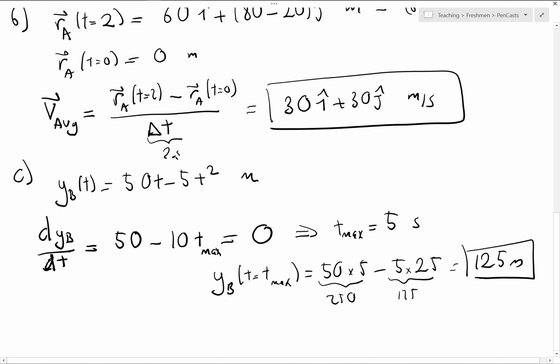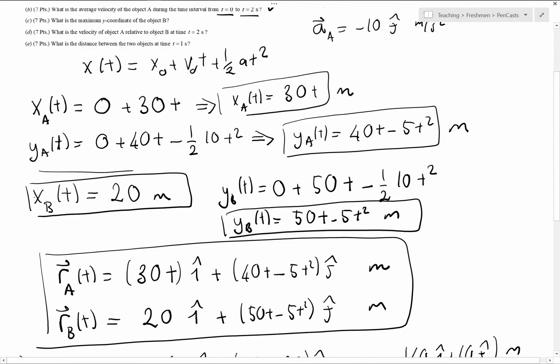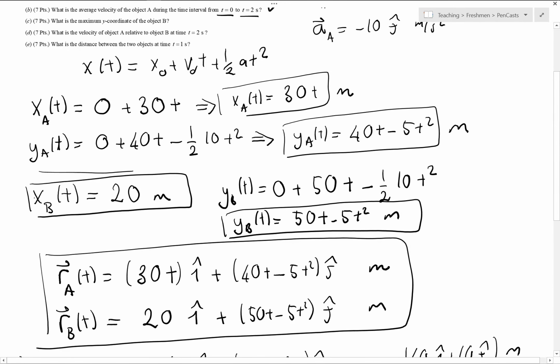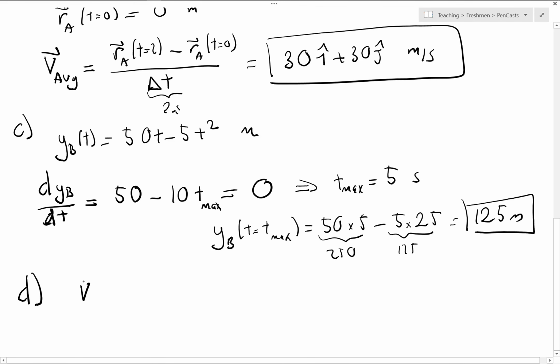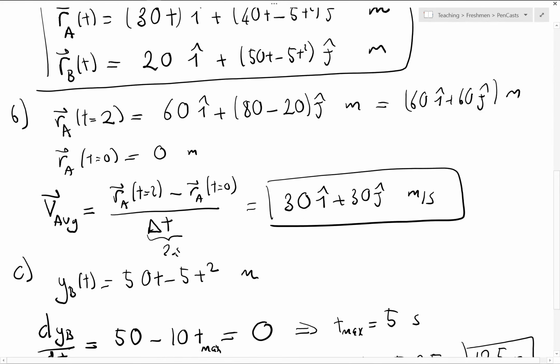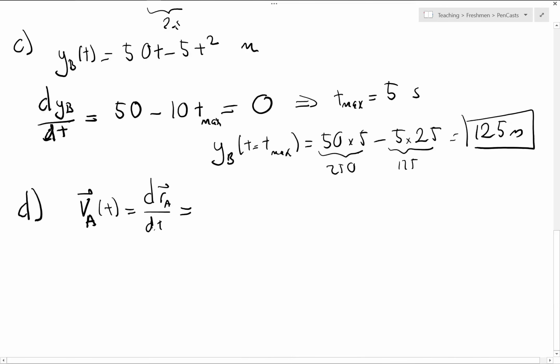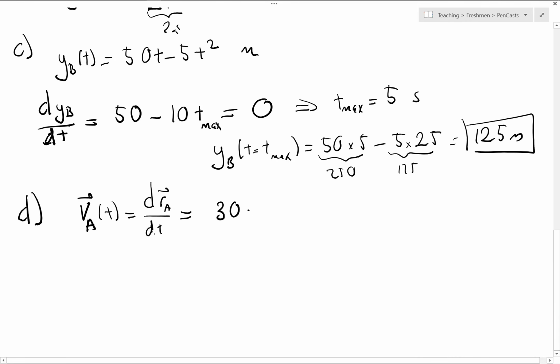Okay. What's the velocity of object A relative to object B at time t equals 2 seconds? Now, let's find the velocity of object A with respect to the ground first. We have written everything with respect to ground, so dr/dt should give me the velocity of the object at all times. If I take a derivative, the x component gives me a constant. How about the y component?